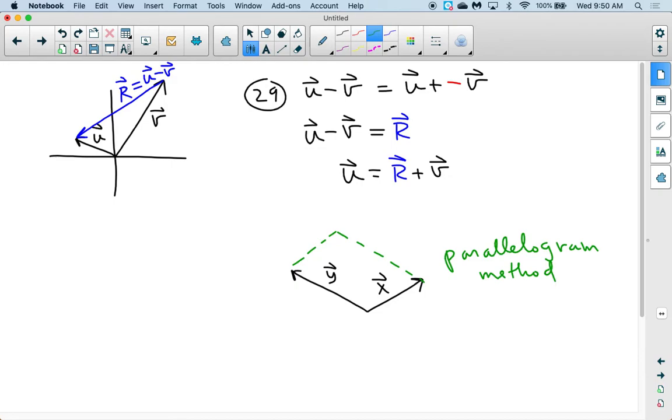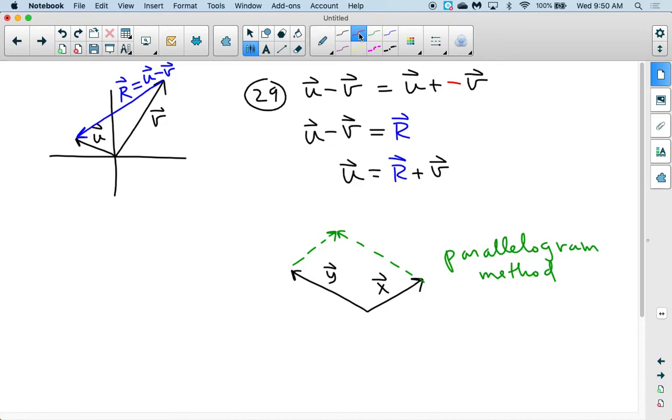This is kind of cool. So if you wanted to add x to y, by the way, vector addition is commutative, just like scalar or number addition is. You can add in any order. So you can think of that as the x vector and this as the y vector if you want. But x plus y would be this resultant here.